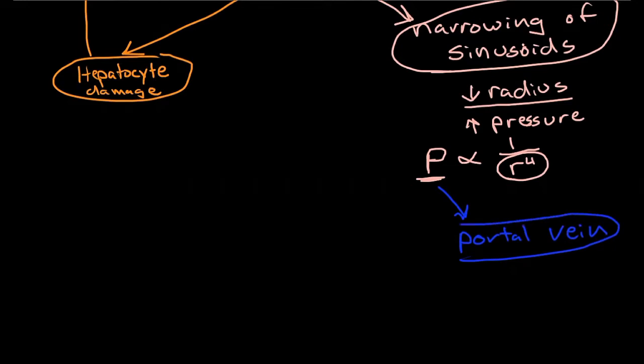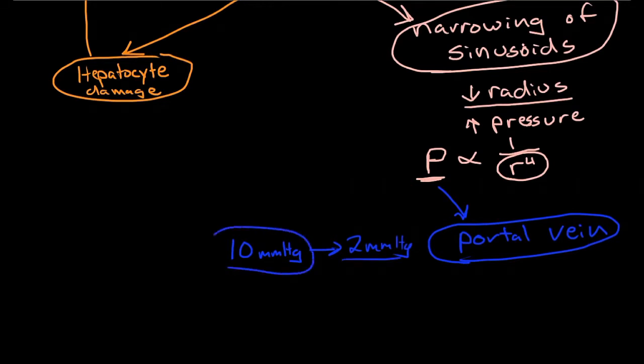Now remember, the portal vein is a low pressure system. It goes from 10 millimeters of mercury down to 2 millimeters of mercury or so in the inferior vena cava. Now remember, the reason it's so low here is because it's a vein that's already gone through a capillary bed. So if we increase pressures here, there really isn't a way for the body to compensate for increased pressure, so we just end up with backup into the capillary bed.